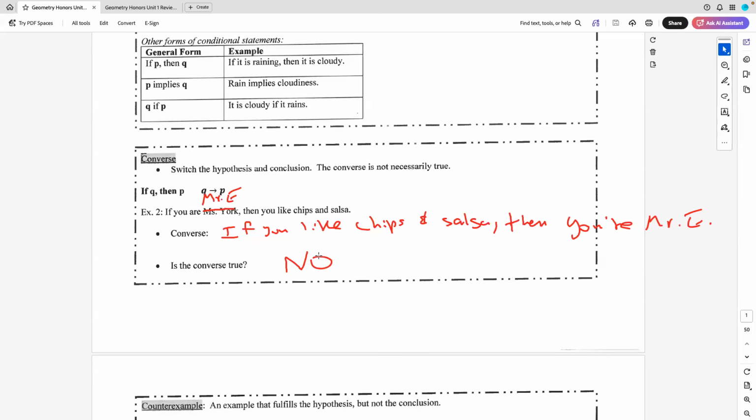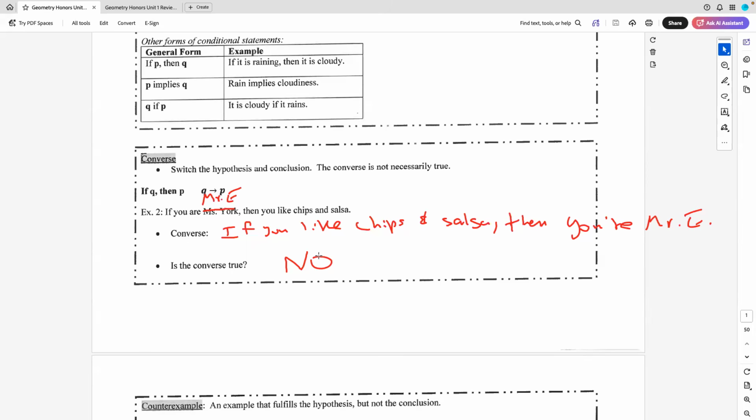I know this gets pretty silly. Here's another one. Who lives in Atherton in this room? Okay, you live in Atherton, great. So you're a San Mateo County resident, right? If you live in Atherton, then you're a San Mateo County resident. That's true, because Atherton is in San Mateo County. Now, does someone live in Redwood City in this room? Okay, great.